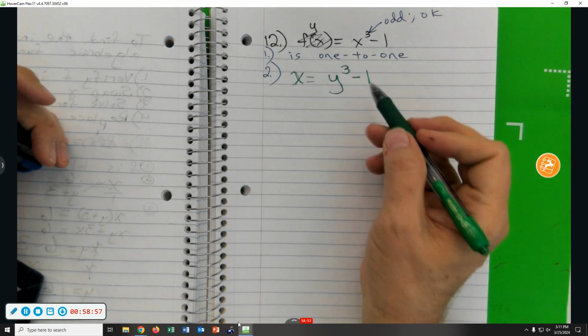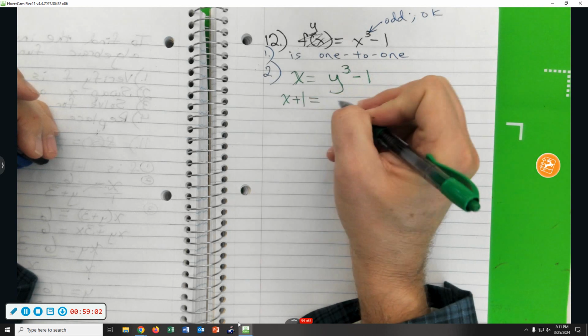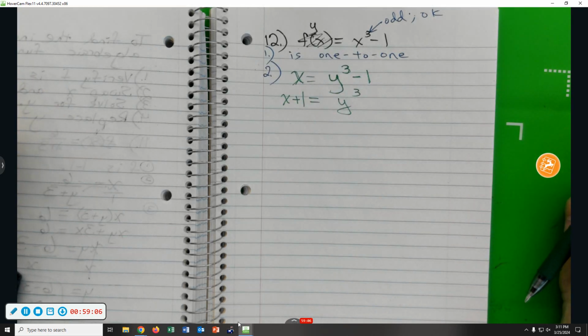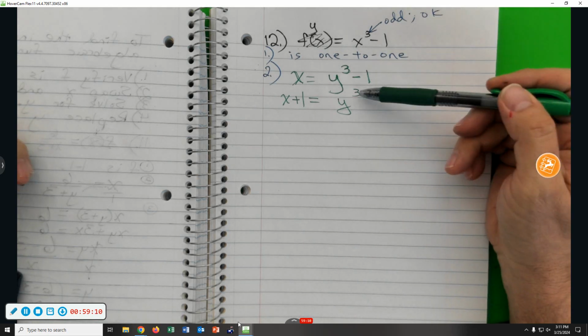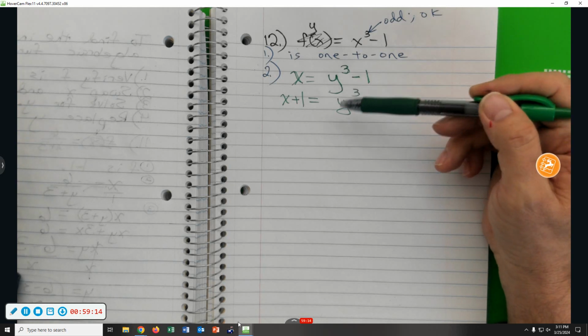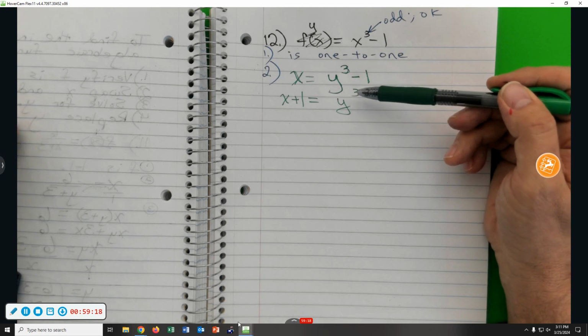Add 1, I agree. That'll give me x plus 1 is equal to y cubed. Then you realize what we're doing? We're using the inverse of the cube function to get rid of that cube. That cube root is the inverse of the cube function.